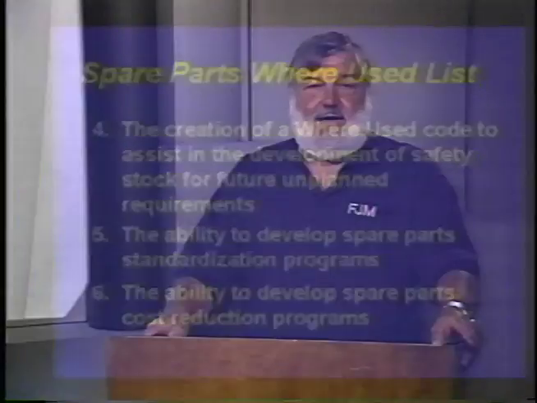And that is tied in with vendor stocking programs where we can purchase items for lesser cost once we implement the vendor stocking program. Now, as you work with the spare parts where used list, you undoubtedly are going to develop some additional byproducts of the where used list.